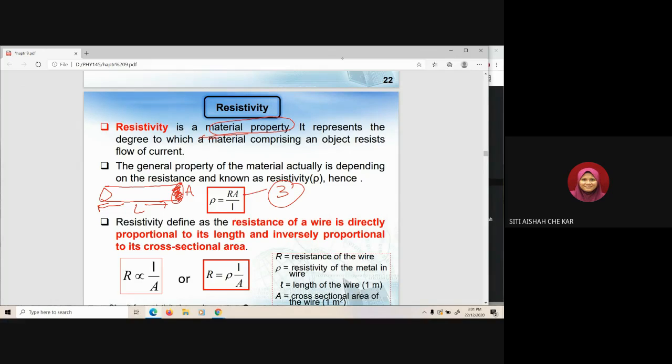Okay, so resistivity lagi tinggi kalau area tu lagi luas. Tapi dia inverse proportional dengan length. So kalau length tu lagi tinggi, resistivity makin kurang. Okay, so this is the third formula that you have to know.